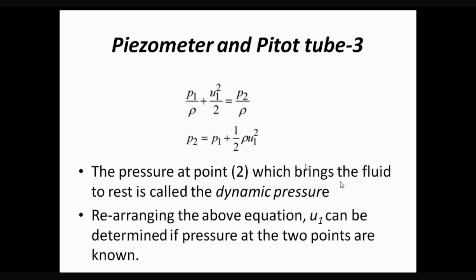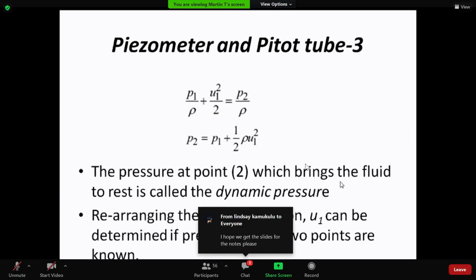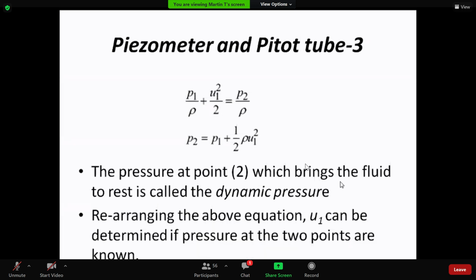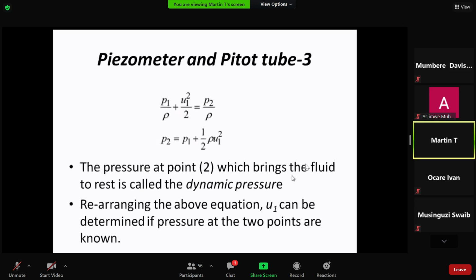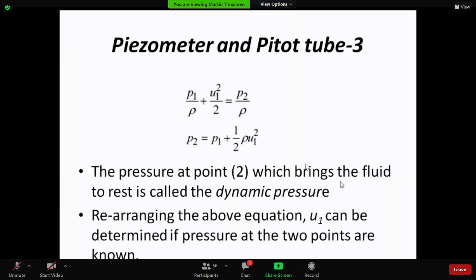So on the right-hand side, we remain with P2 over rho G. On the left-hand side, we remain with P1 over rho G plus V1 squared over 2G. Now G is common in the denominator, so we knock it out, and it comes to what you have on your screen. If you make U1 the subject of the formula, you get V1 or U1 equal to the square root of 2 into (P2 minus P1) over rho. I hope it's clear now.